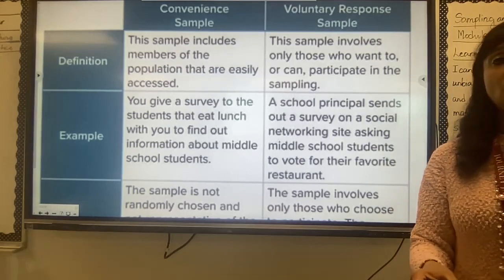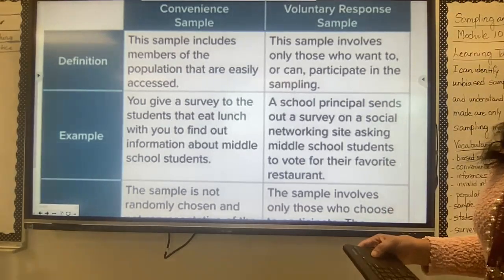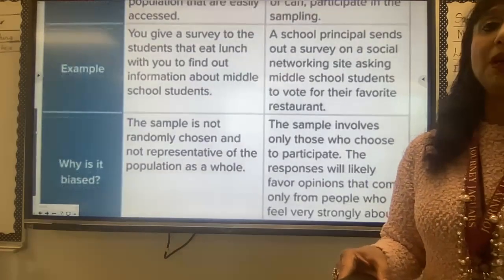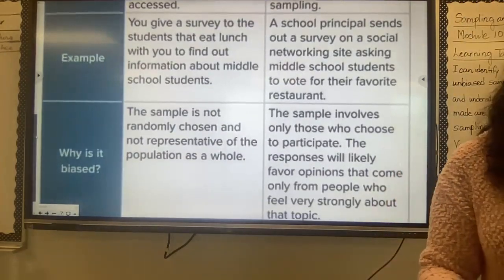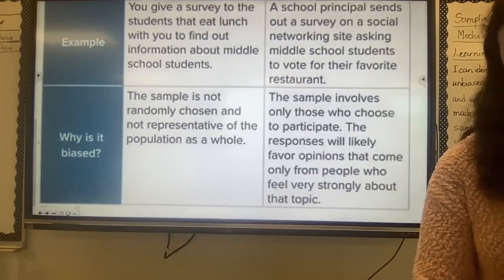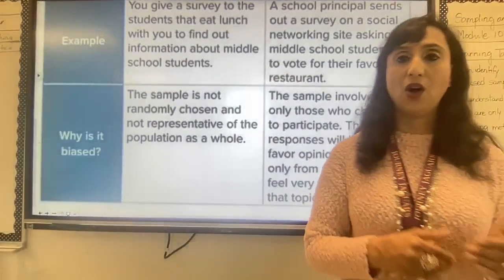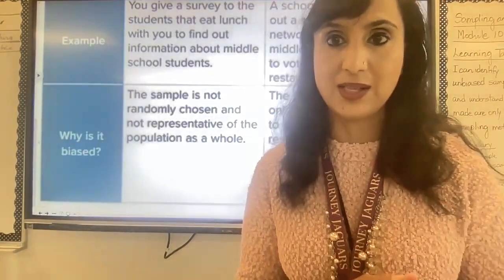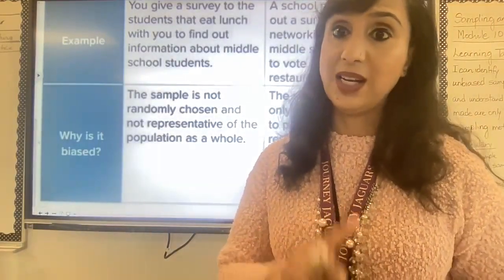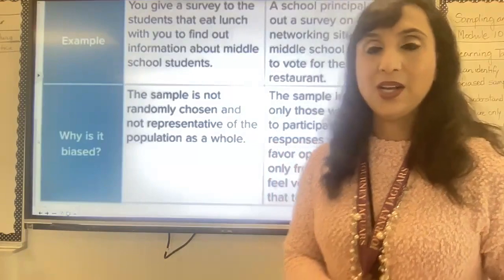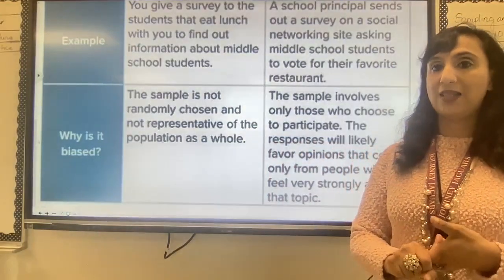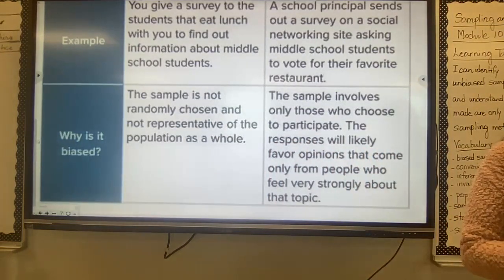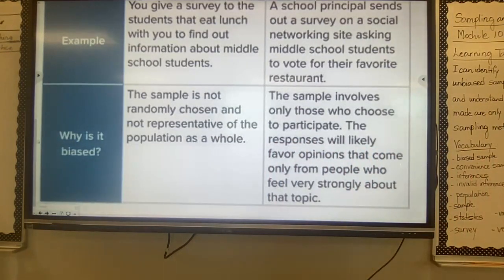Let's see why it is biased. The sample involves only those who choose to participate. Normally, people who choose to participate have very strong opinions about something. Either they really like it or they really dislike it. Therefore, it becomes biased, and the responses will likely favor opinions that come only from people who feel very strongly about that topic.